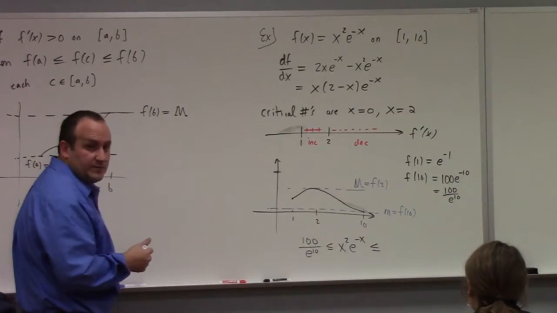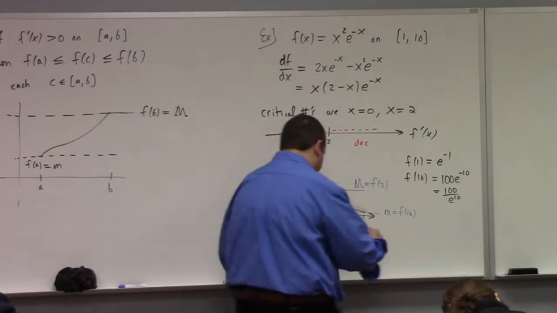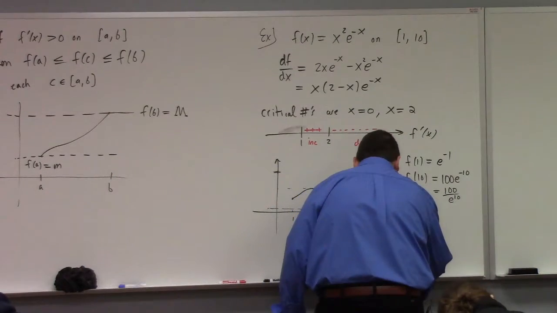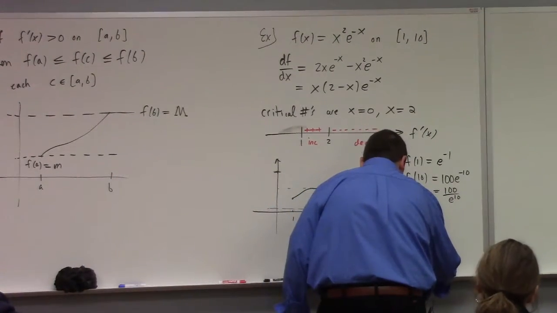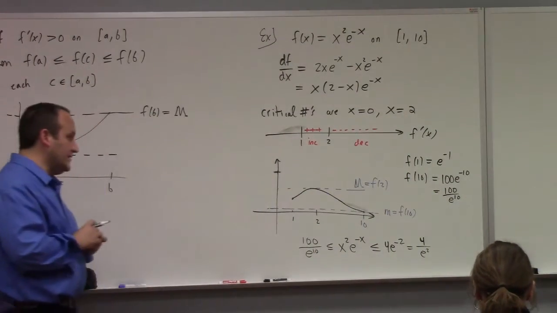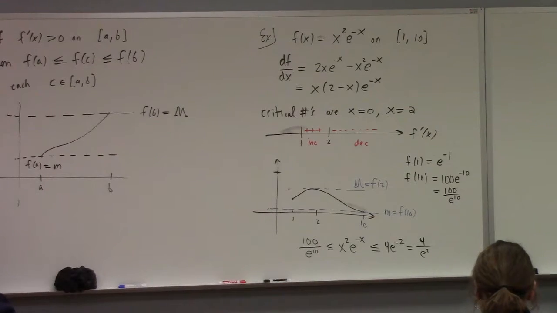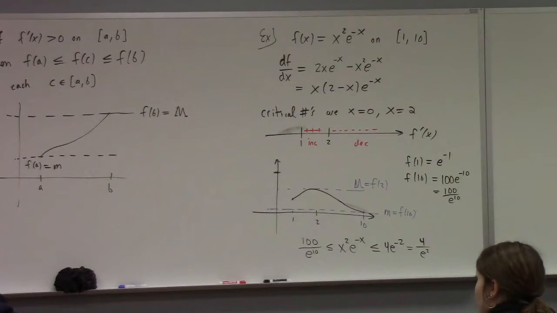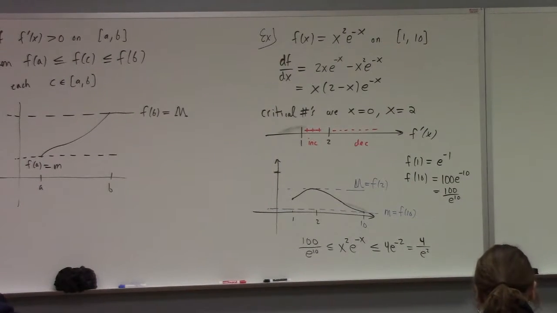Is that 4 over e squared? 4e to the minus 2, or 4 over e squared. So there you go. This function is bounded from 1 to 10, and there are its upper and lower bounds, respectively. In fact, those are not just the upper and lower bounds, those are the least upper bound and the greatest lower bound. Those are the best bounds, the tightest bounds you can find on this function.